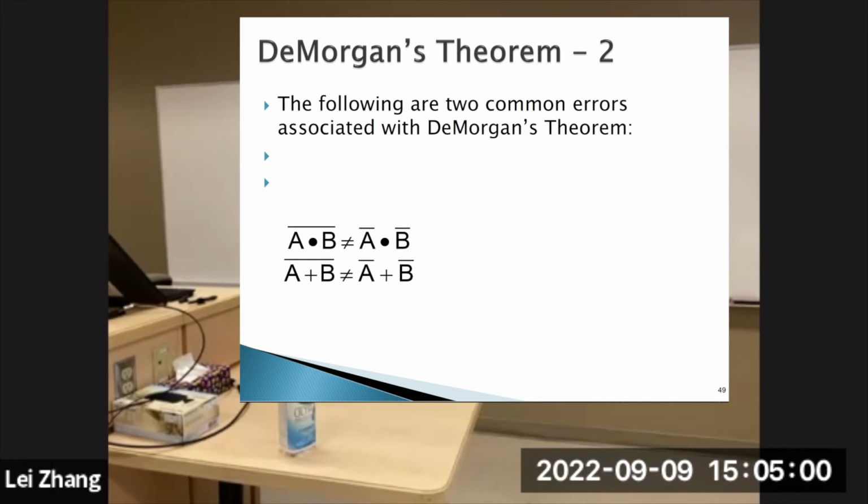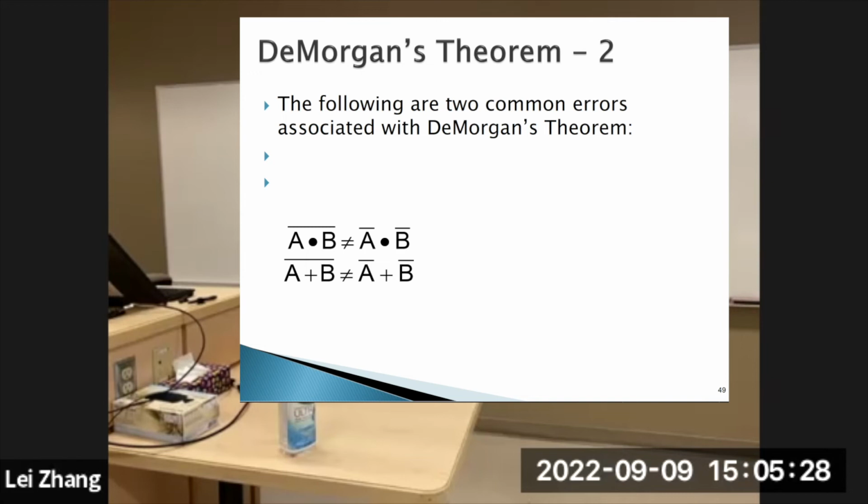It's equivalent to A NOT, that's A overbar, the inverse of A, OR B NOT. So these two inputs, A and B, are inverted. Then the inverted inputs are put together into the OR gate. So these two are equivalent.